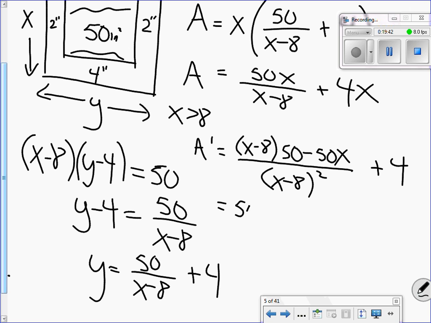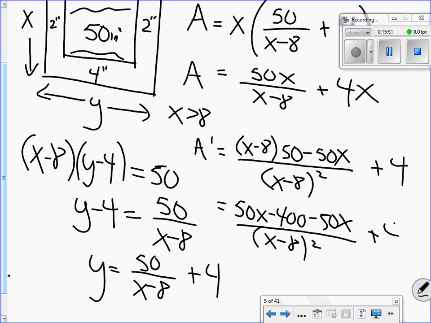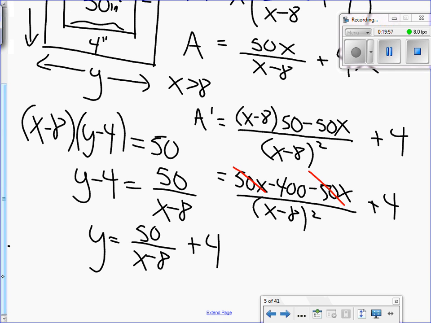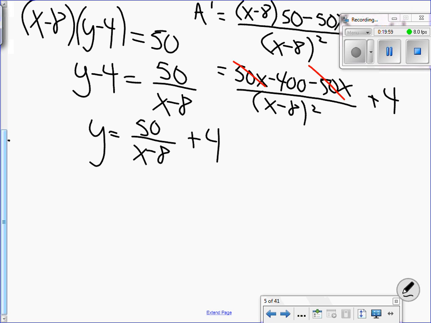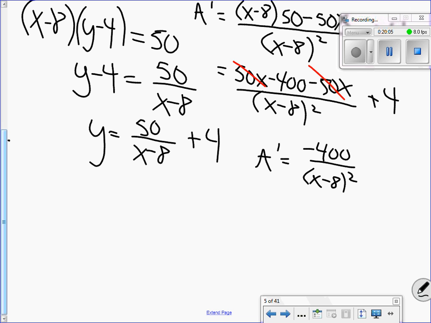So it's 50x minus 400 minus 50x over x minus 8 squared plus 4. Oh, see? The 50x's cancel. Now this derivative is adorable. So our derivative is just negative 400 over x minus 8 squared plus 4. Oh, yeah. Would you want to add the 4 too?